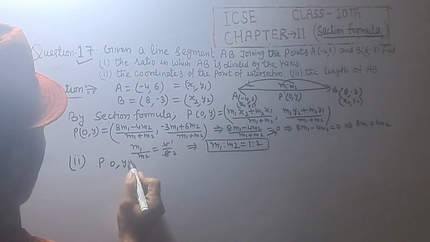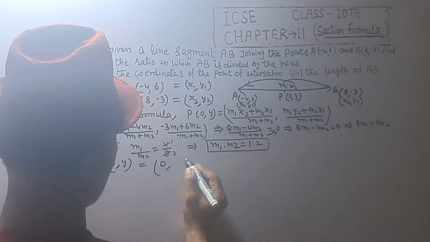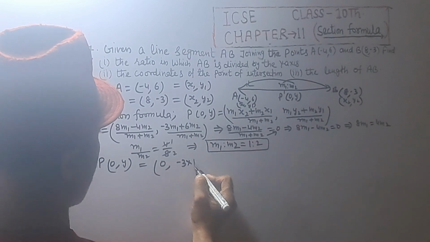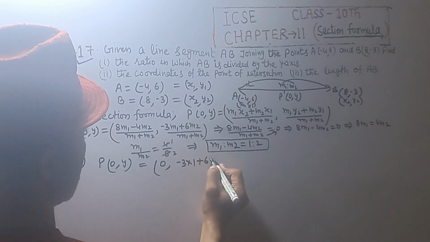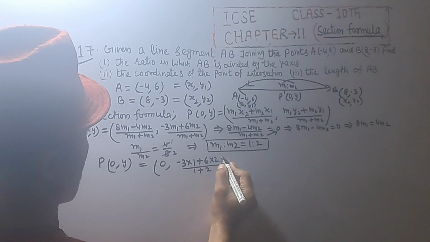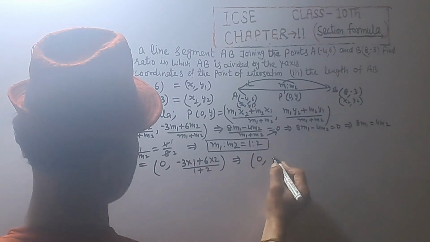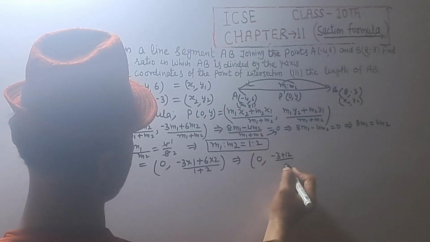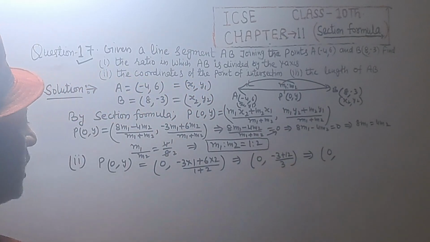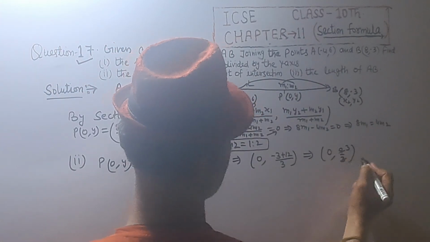P(0, y) is equal to, the first point is 0 and the second point is (-3 into m1, which is 1, plus 6 into m2, which is 2) divided by (1 + 2), which implies 0 comma (-3 + 12)/3, which is 9/3. 3 3s are 9.